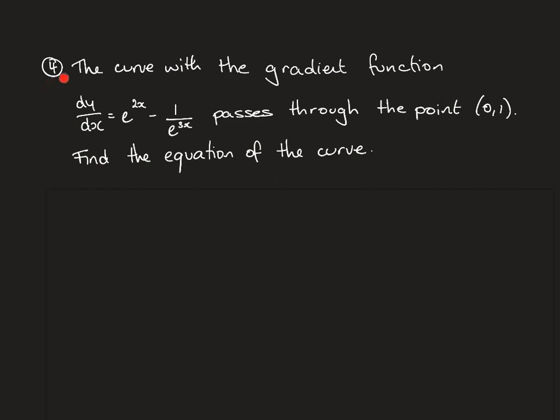And our final example, example 4, is an application question where they want you to find a unique antiderivative. So again, they tell you something about the gradient function. They tell you that it passes through a particular point, and they want you to find the equation of the line.